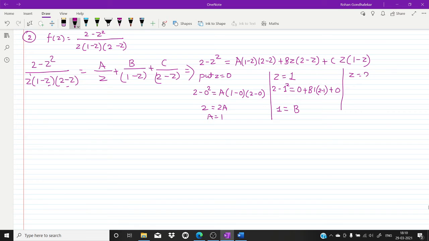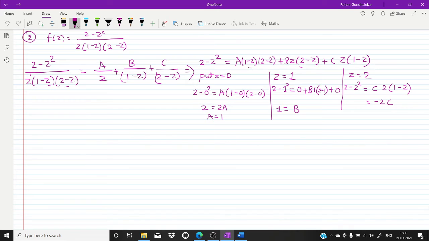For that, we make a substitution for the third value, that is z equals to 2. So when I substitute z equal to 2, this term is 0, this term is also 0. So (2 minus 2 square) is equal to c into 2 into (1 minus 2). So 1 minus 2 will be minus 1 into 2, that is minus 2c.